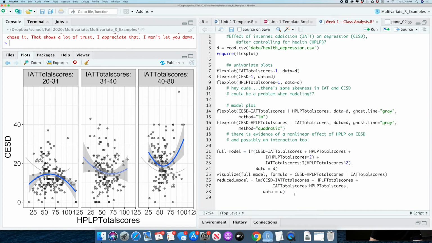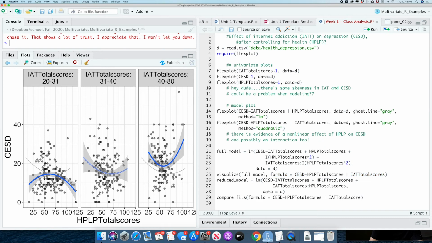And so now we're saying, forget those polynomial terms. We just want to compare the full model that has the polynomial to one that doesn't. And now we can use another flexplot function called compare.fits. And what we're going to do is provide our flexplot formula, which, oh wait, that's right. Formula equals that.